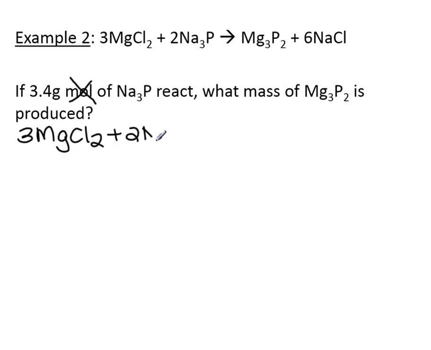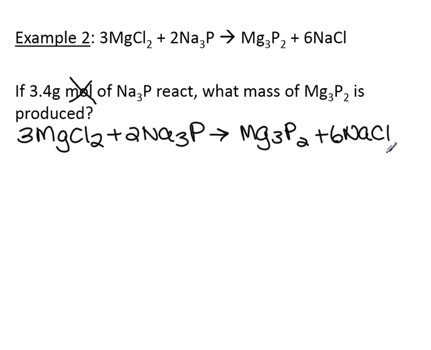This is very helpful because we're going to map out our steps that we need. Just like that. And what we know already from the question are two pieces of information. We have a mass of sodium phosphide, and we want to find the mass of magnesium phosphide. We don't know what that is.